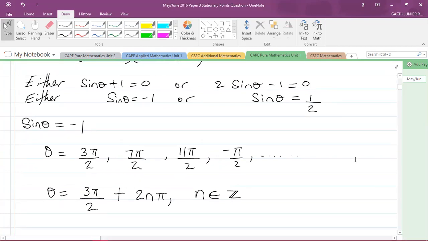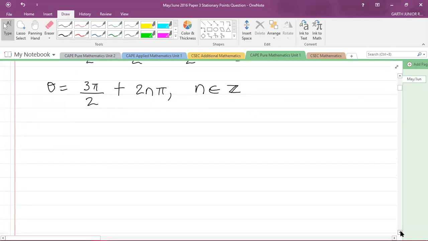Let us now focus on the other equation, which is sine theta equals a half. So theta is going to be equal to what? I'm going to go back to my graph again for sine theta.